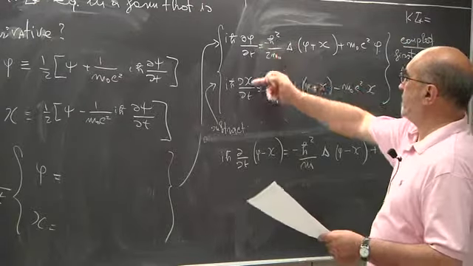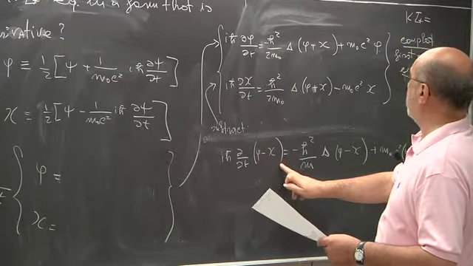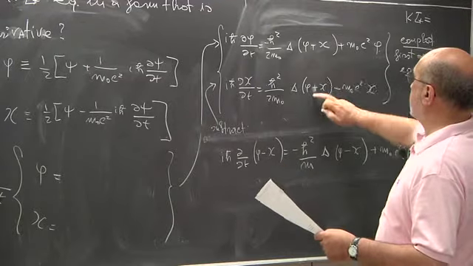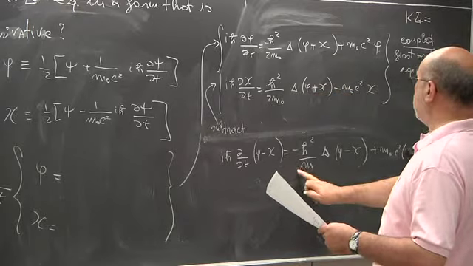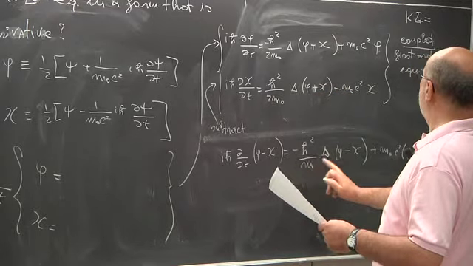I have subtracted the two, and then I get a 2 that cancels these two in the denominator.